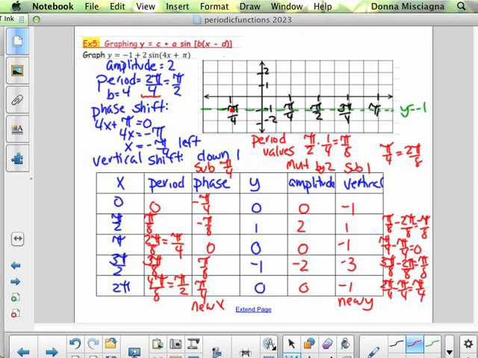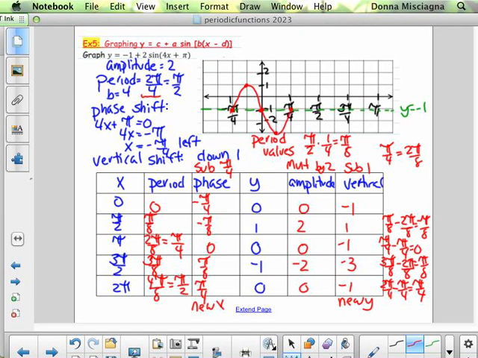We have negative pi eighths, 1, and then it goes up to its max. And then we have 0, negative 1, back to the midline. And then pi eighths, negative 3, down to its min. And then pi fourths, negative 1, back to the midline. So here is the graph.